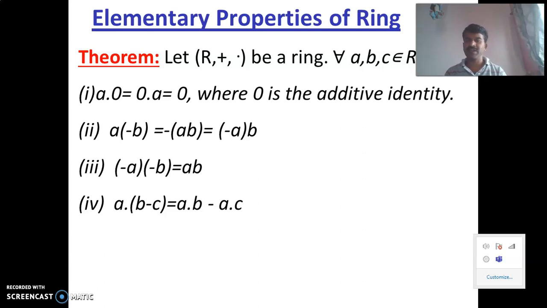The second identity is A dot of minus B equals minus A into B, that is also equal to minus of AB. The third relation is minus A into minus B equals AB. And the fourth one, A into B minus C equals A dot B minus A dot C.